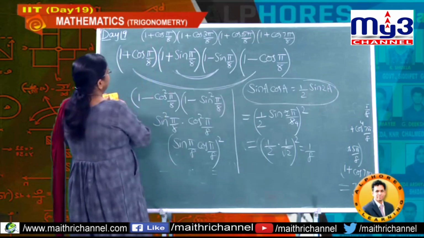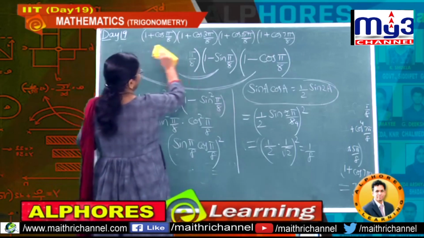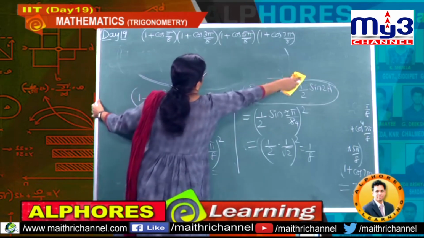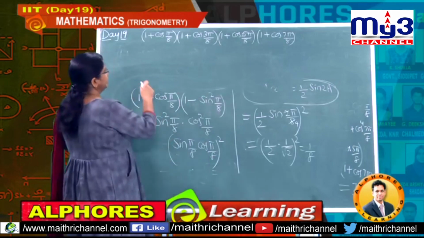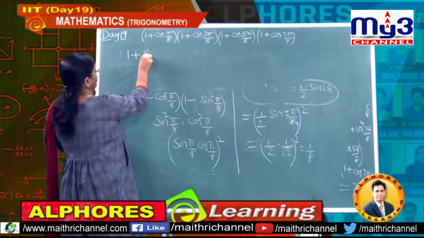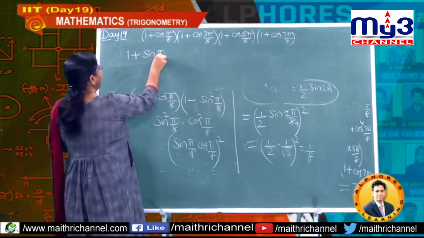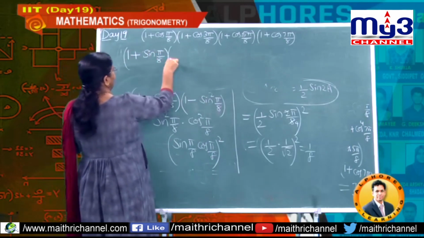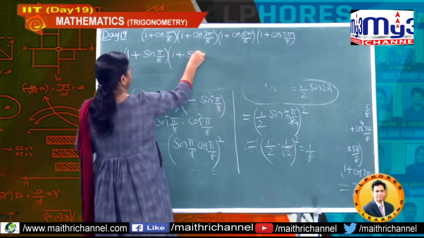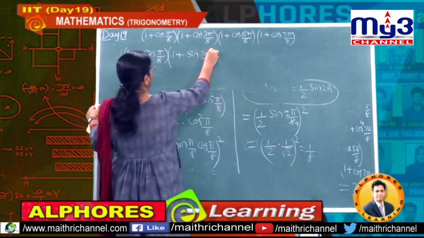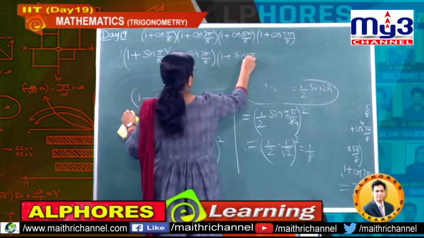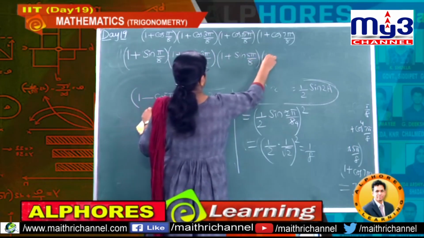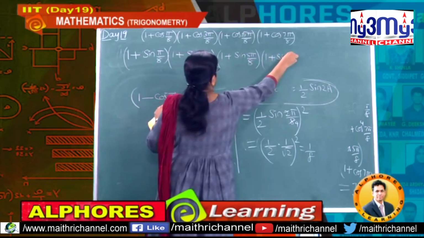Suppose I write here, instead of all these cos values, our intention is to check whether it is suitable even if I write sin values. That is 1 plus sin pi by 8, into 1 plus sin 3 pi by 8, and next 1 plus sin 5 pi by 8, into 1 plus sin how much? 7 pi by 8. Let us observe whether it is suitable or not.